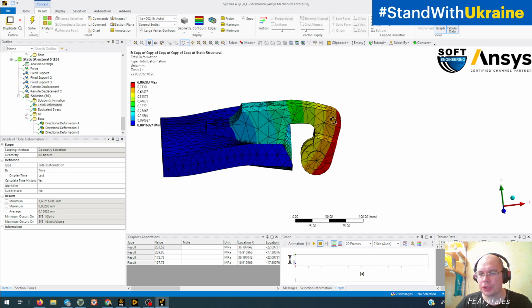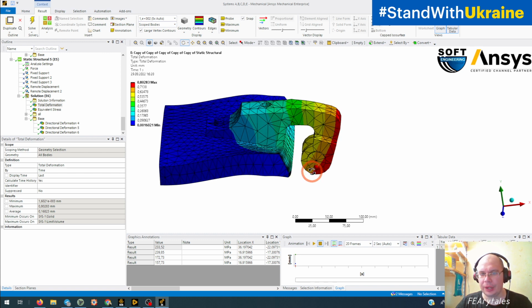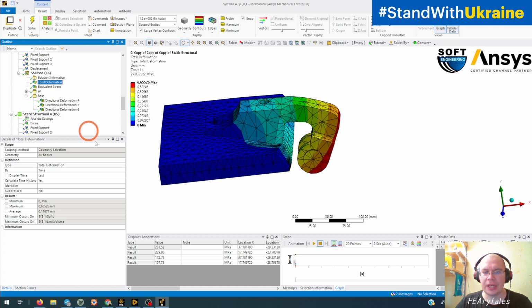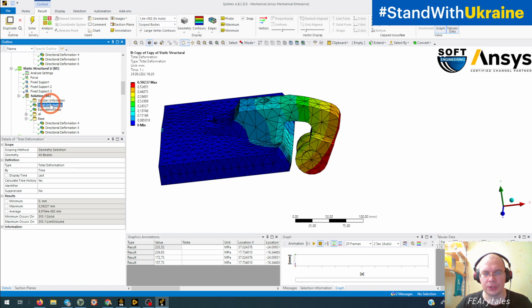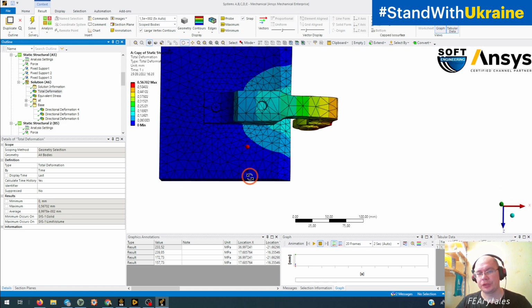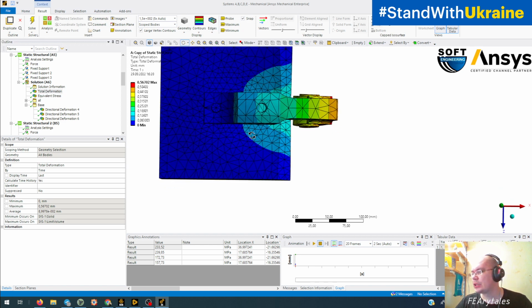Type of deformation of crank by itself will be very close one to each other, but crank plus base have different type of deformation. Some of these deformation are symmetrical, some of these are not symmetrical.